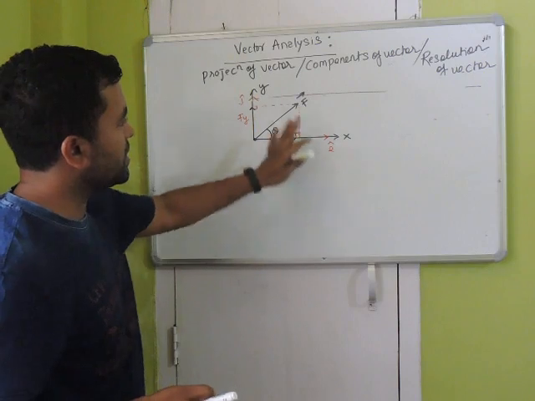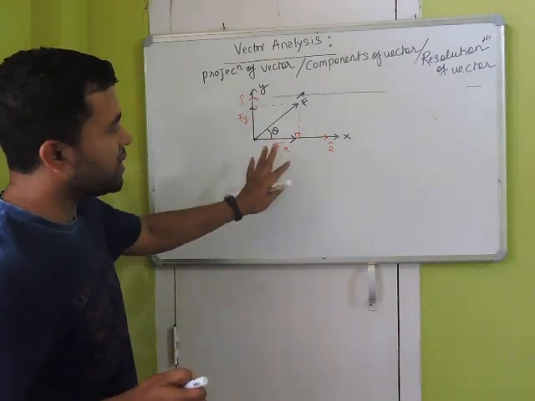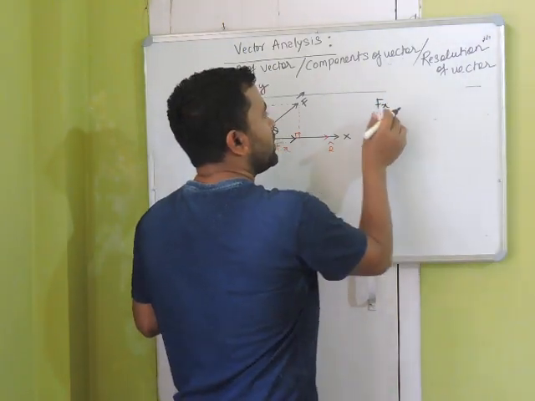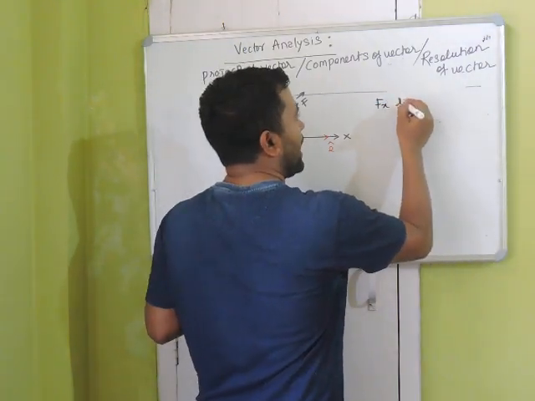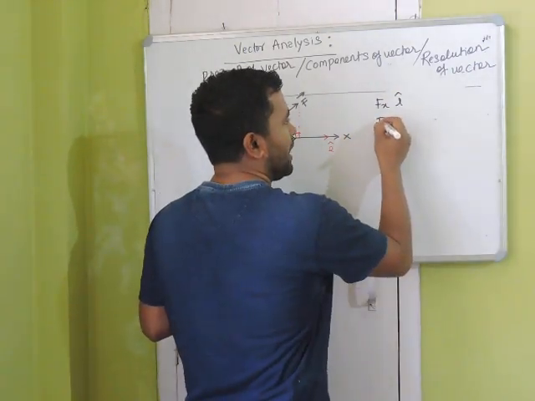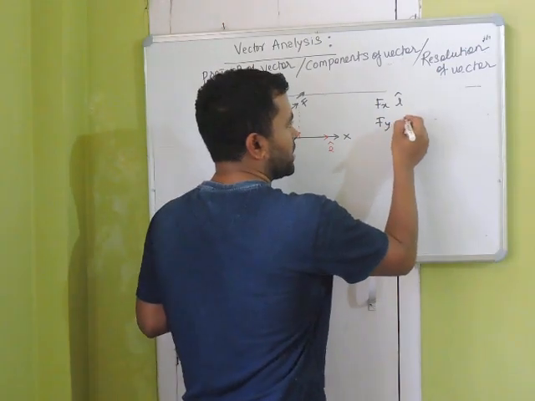So from this result we interpret that I am applying Fx magnitude of force along the i direction, and Fy amount of force along the j direction.